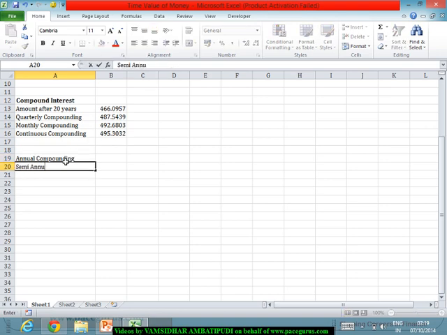Or semi-annual compounding, or quarterly compounding, or monthly compounding, or probably continuous compounding. Now what is happening in all these things? If I am talking about the same 8%, what is it that I am going to get for the same $1 investment? So if I am talking about $1, I am looking at the number of compounding periods.